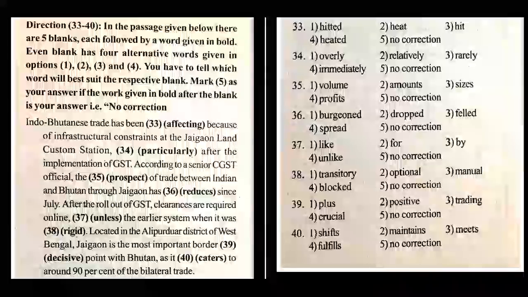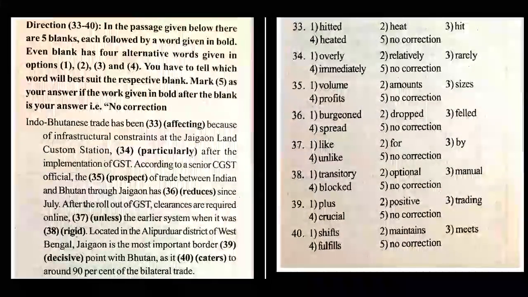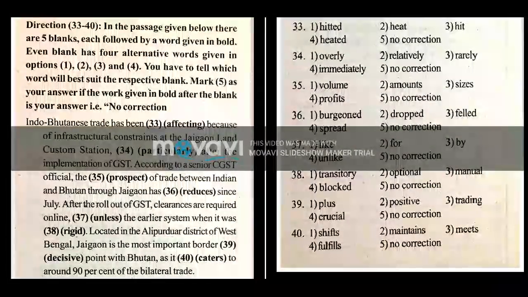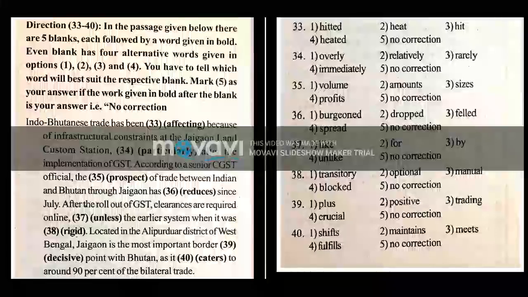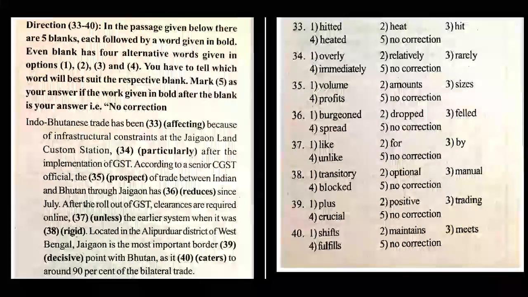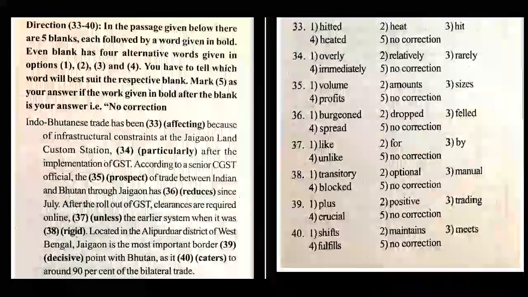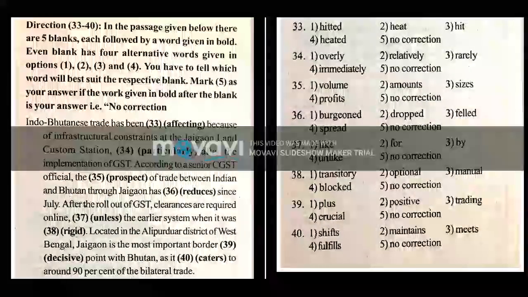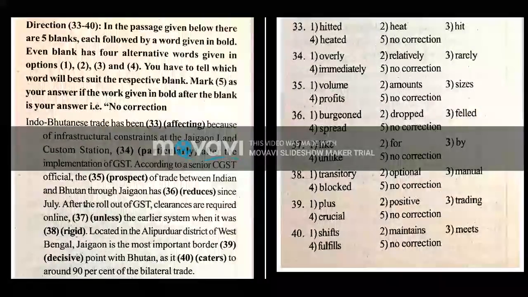Let me tell you, transitory is an adjective which means impermanent, something which lasts for only a few seconds. Okay, then optional. Optional means voluntary. आप किसी चीज को कर सकते हैं या नहीं कर सकते हैं, depends on your will. Blocked means किसी को बंद कर देना. From this angle, all the words except option number 3 are eliminated.